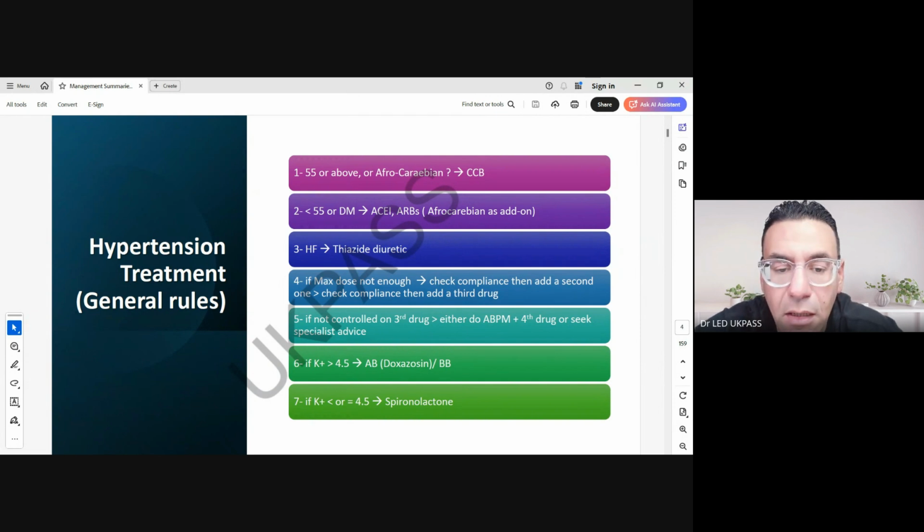Now, all of these medications can cause erectile dysfunction. Many patients can suffer from erectile dysfunction when they are on blood pressure medications, and it can vary. Not every person on high blood pressure medication has erectile dysfunction.